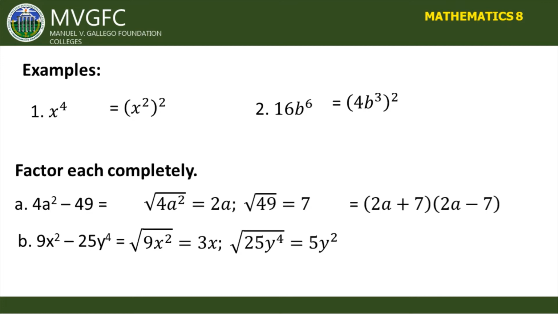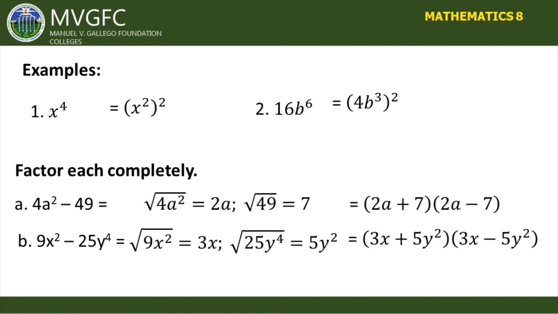Another is the square root of 25y raised to 4. The square root of 25 is simply 5 because 5 times 5 is equal to 25. Then the square root of y raised to 4 is y squared because y squared multiplied by y squared is y raised to 4.